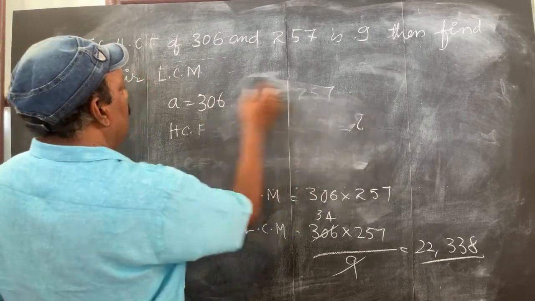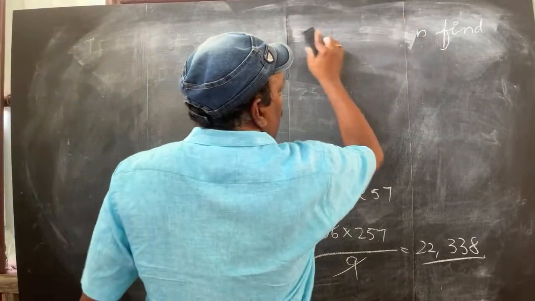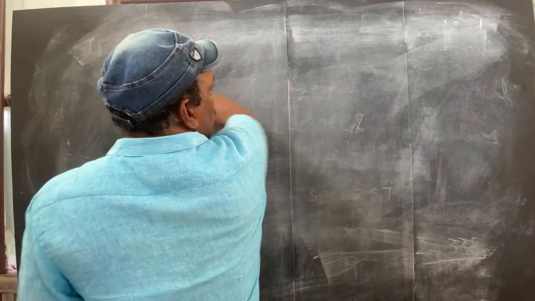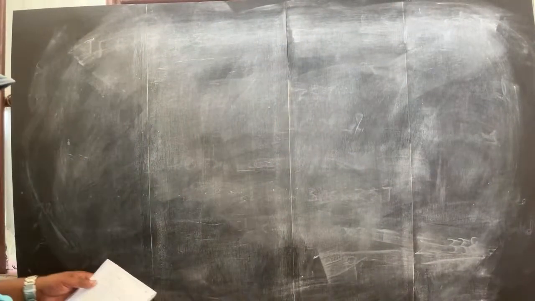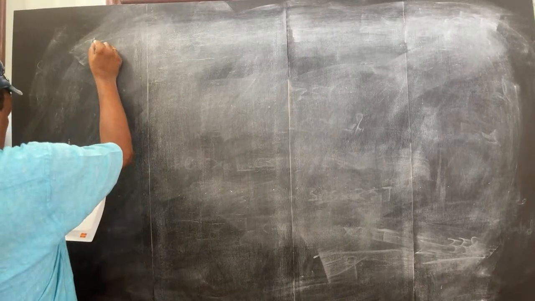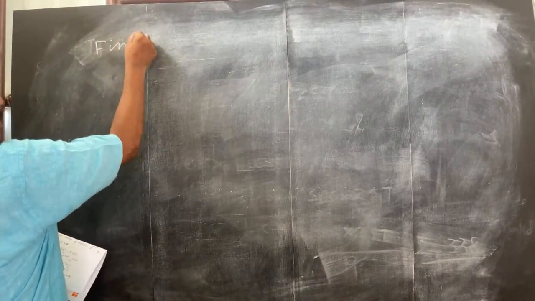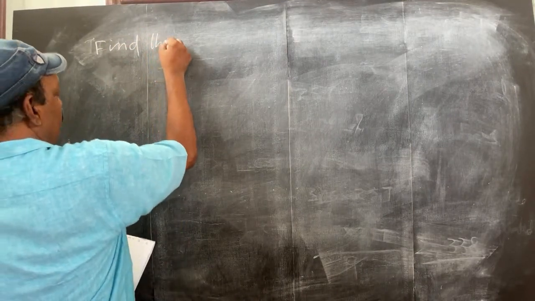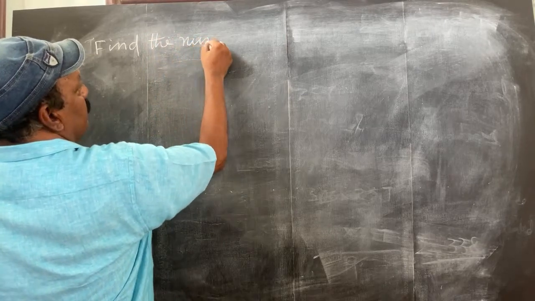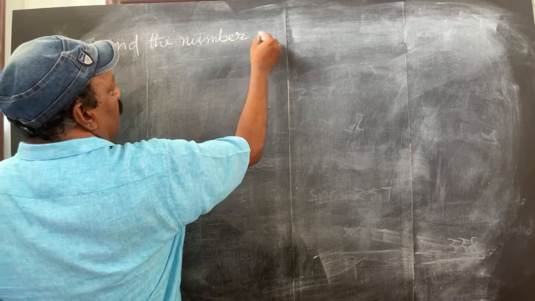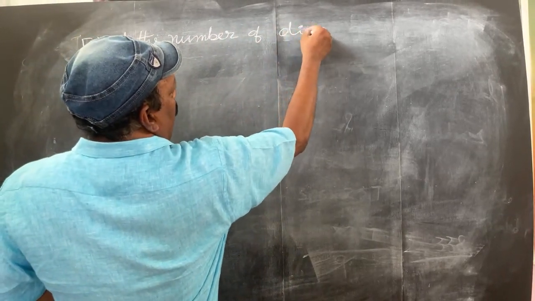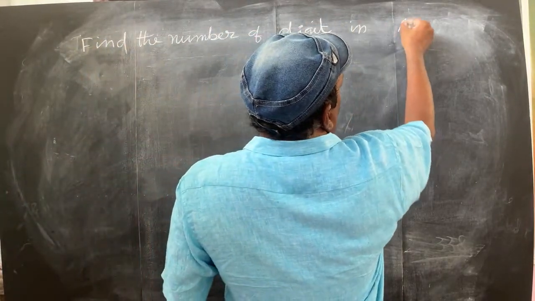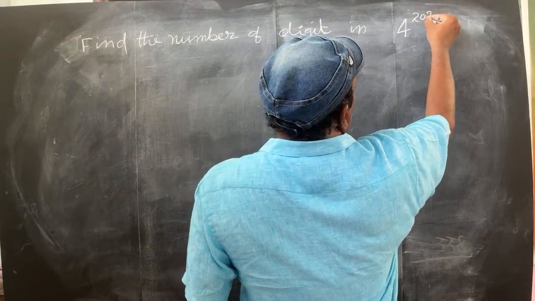Now find the number of digits in 4 to the power of 2023.